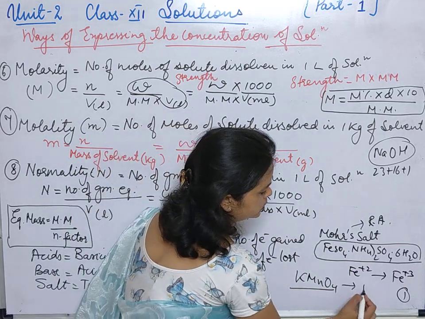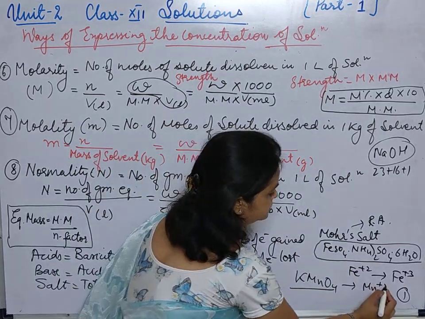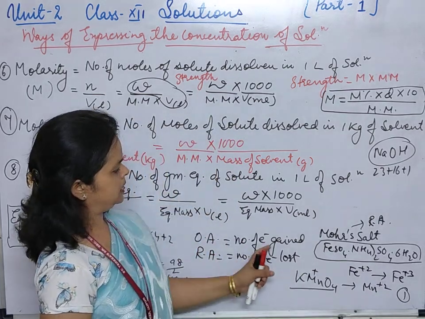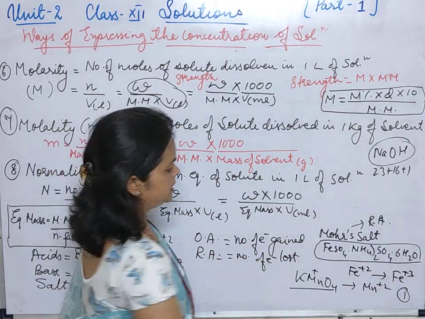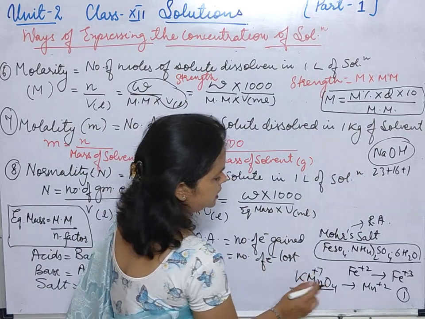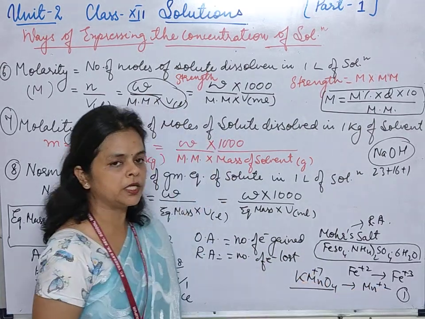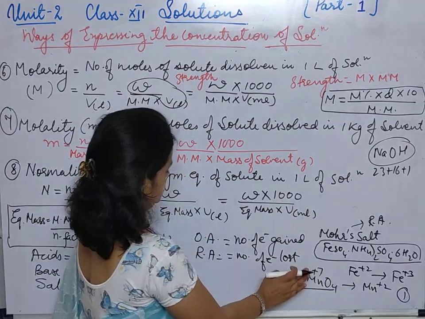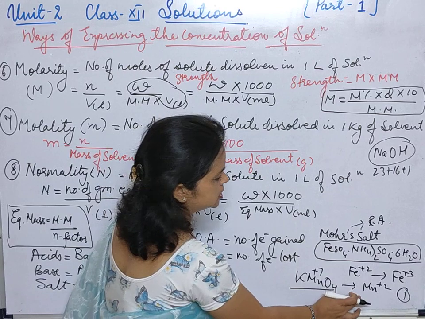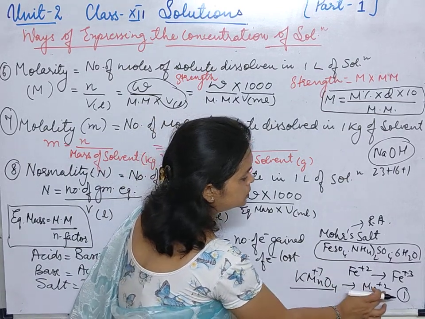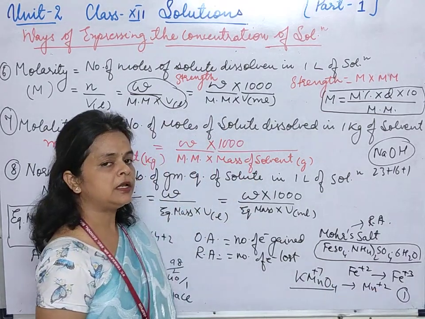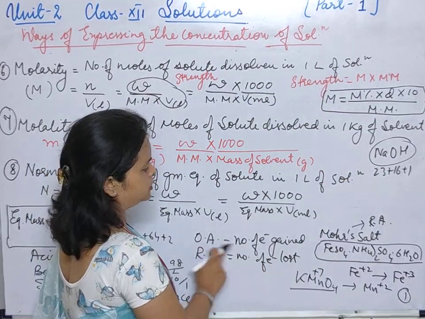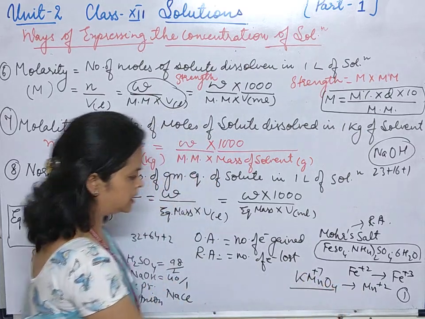KMnO4 undergoes electron gain, that is the reduction. इसकी ऑक्सीडेशन स्टेट +7 से +2 में कन्वर्ट होती है. That means इसका रिडक्शन हो रहा है. And there is a change in the oxidation number, +7 to +2. That means it has gained. ऑक्सीडाइजिंग एजेंट है ये हमारा, तो number of electrons gain, इसको मैं करके दिखा देती हूँ.